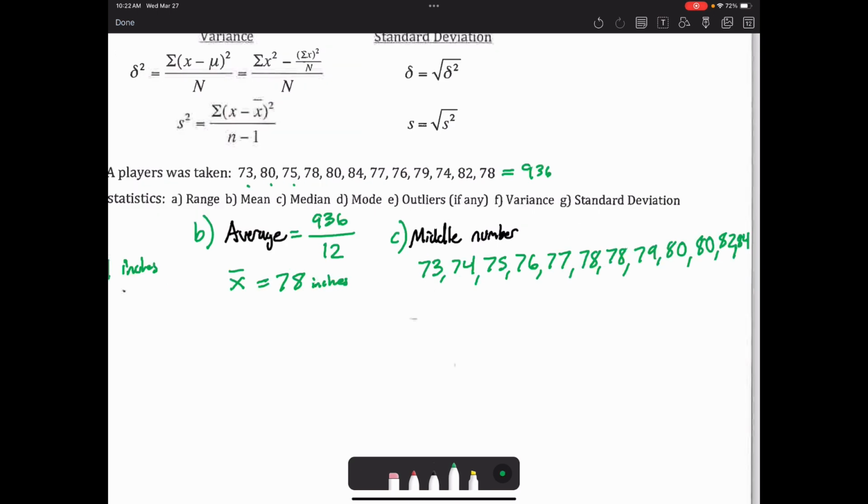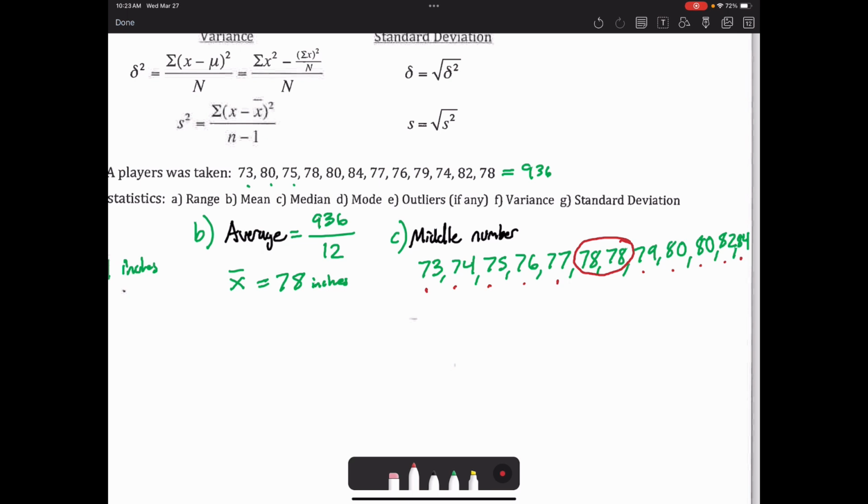So you can count in from the edges, keep on counting in until I actually meet in the middle. Now, if you have an odd number of data points, you'll meet at a single point, and that's your median. But here, since I have an even number of data values, there's 2 middle numbers, 78 and 78.